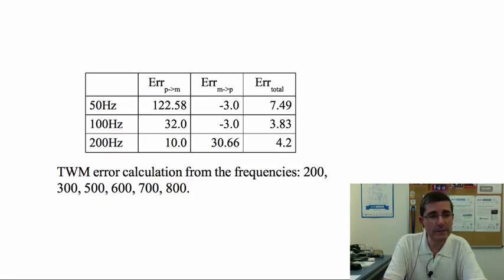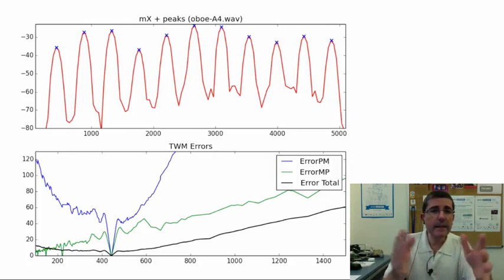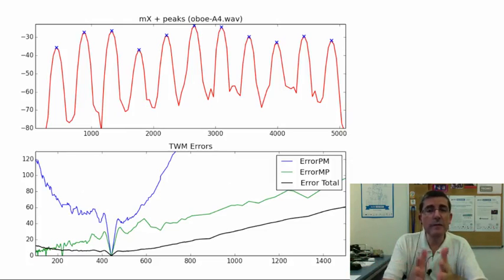And let's put an example of these error functions for a particular sound, the sound that we already have been looking at, the oboe sound. So here on the bottom, we have the three error functions.